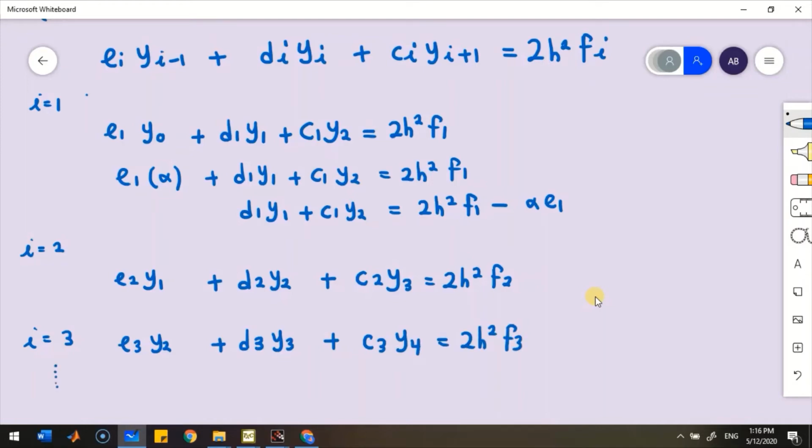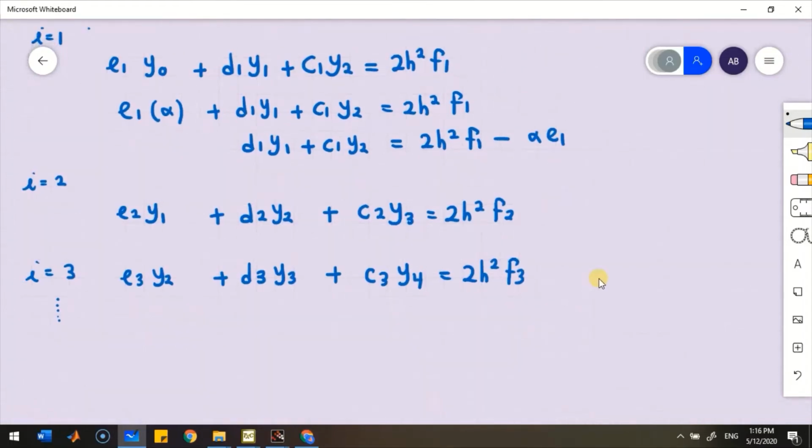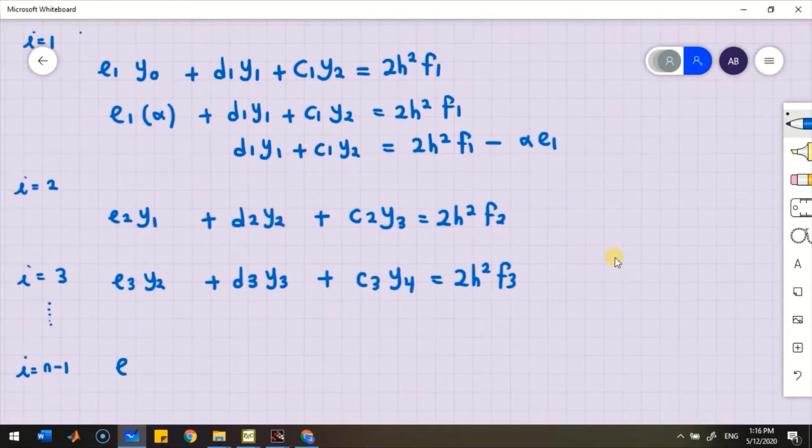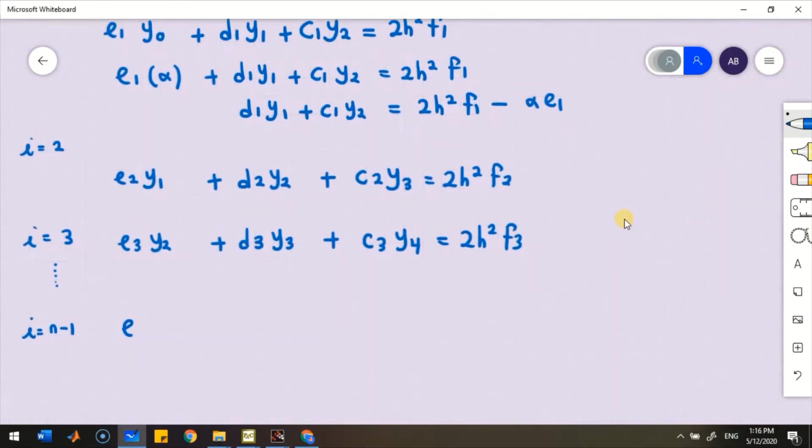And then if I want to consider the term at i equals n minus 1, we have E at n minus 1, okay, which should be n minus 2. So there's no value of n minus 2 here.